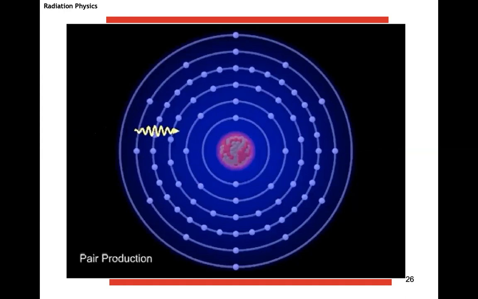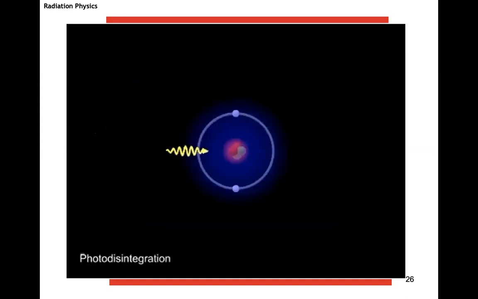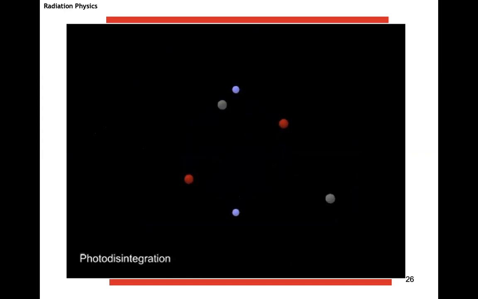The pair production, where in the vicinity of the nucleus the photon disappears and produces a pair of beta minus and beta plus. And the photodisintegration, where the photon at sufficiently high energy can induce fragmentation in the nucleus of the target element and produce, for example, photoneutrons. We will see that this effect is very important in radiotherapy.